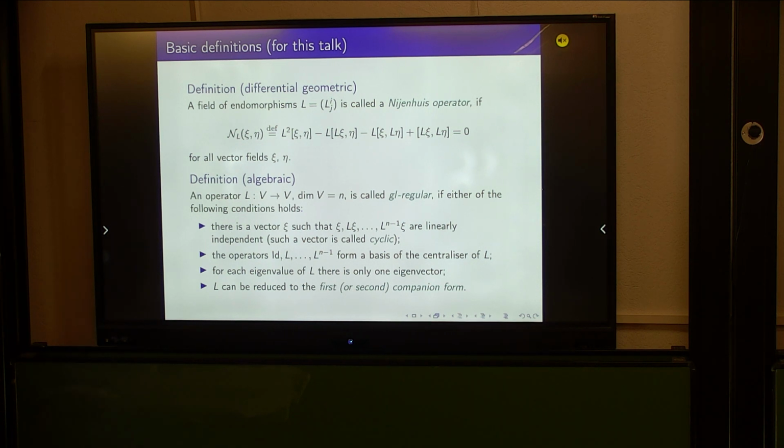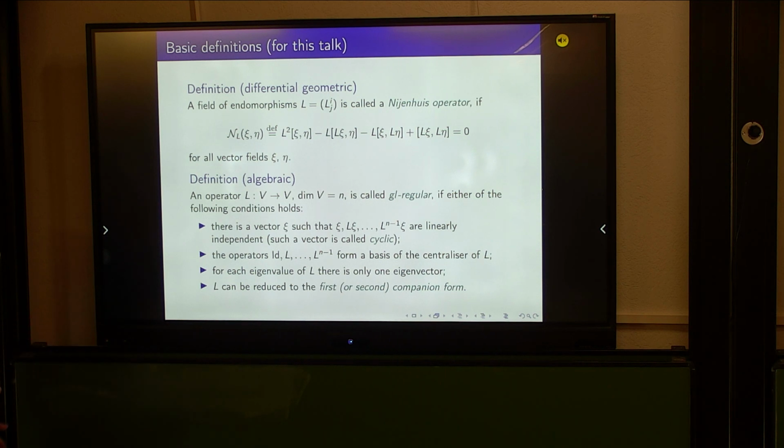If you are not familiar with this kind of concept, it's not a problem. There are equivalent definitions which are very simple. One of them is as follows. There should be a vector xi such that if I consider xi and apply this operator to xi, then once again, and so on n minus 1 times, I get vectors which are linearly independent, and so they form a basis in our n-dimensional space.